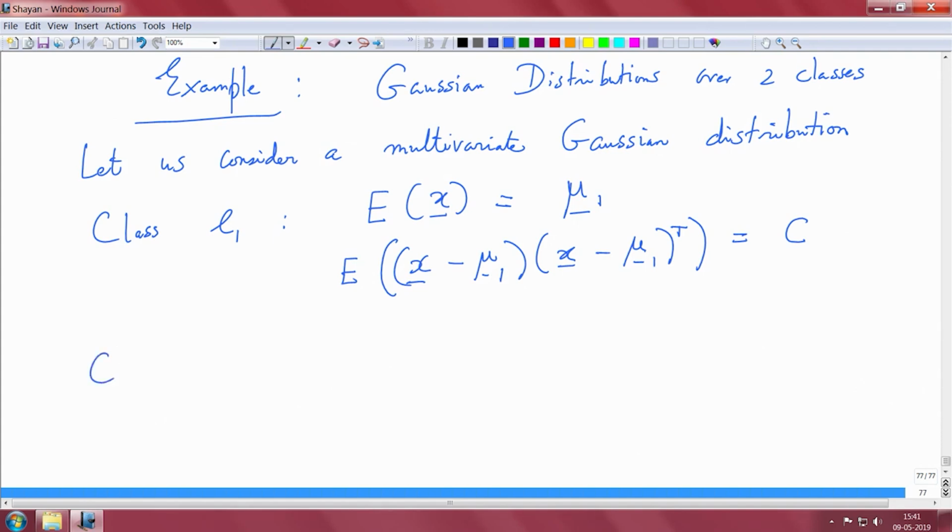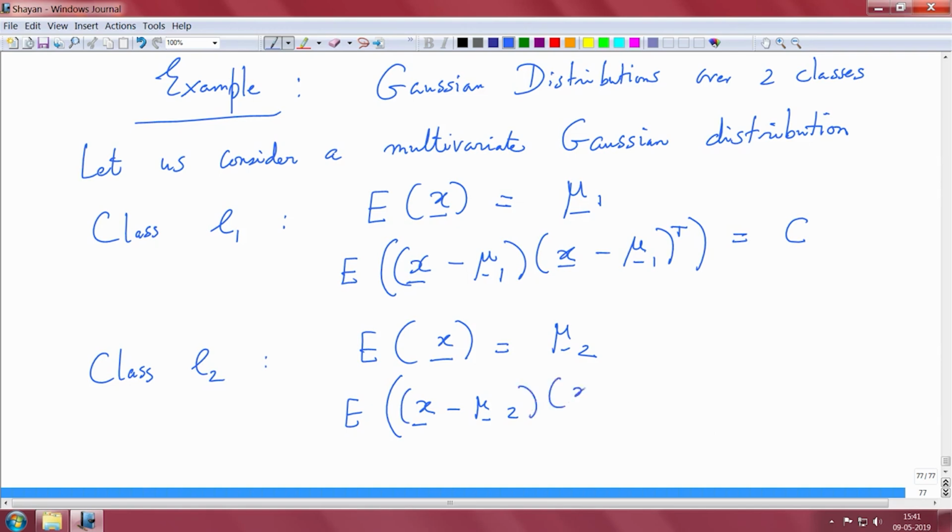So, we take another class C2. So, the mean is different here, which is mu2, but the covariance is the same.